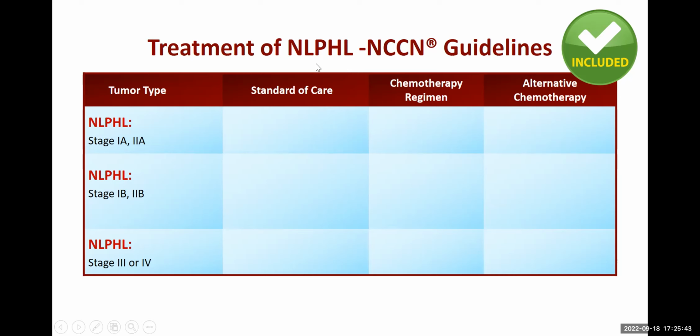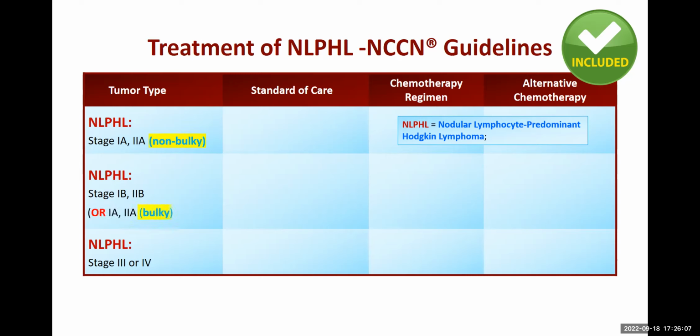Now we have this cancer. We said that this cancer, which is nodular lymphocyte predominant Hodgkin lymphoma, NLPHL, has a different treatment. All right, and what different thing does it have? It has rituximab, okay?